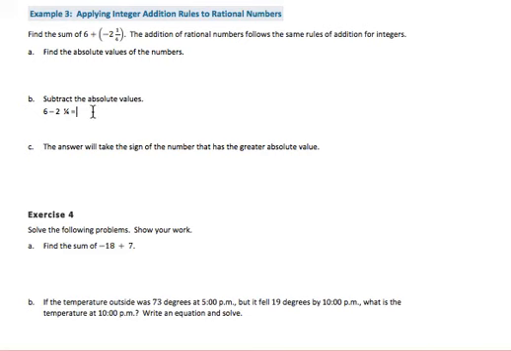With simple regrouping, if we take 2 away from 6, that would leave us with 4, and then we need to take 1/4 away from 4, which would mean we would have 3 3/4 left over. The larger absolute value was a positive number, so our answer will also be positive.